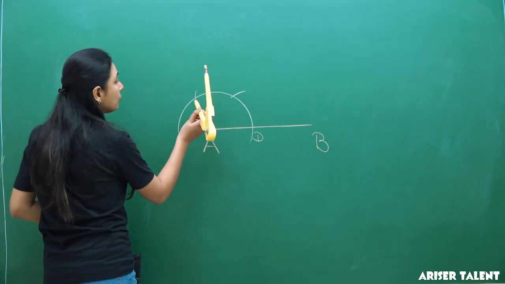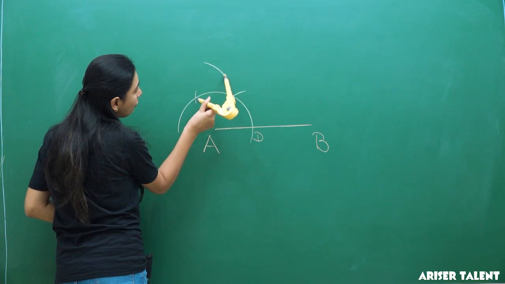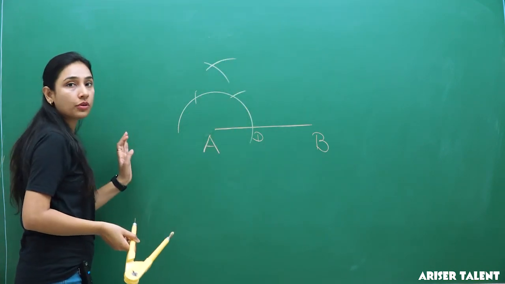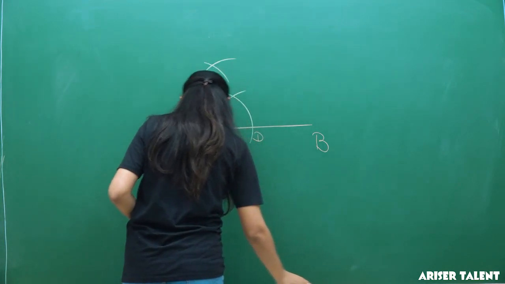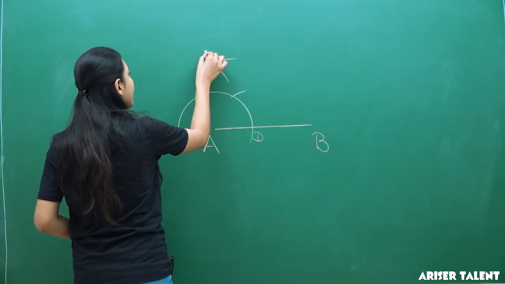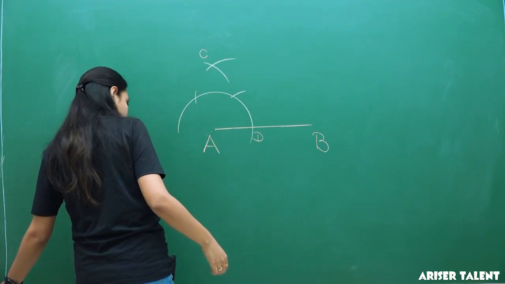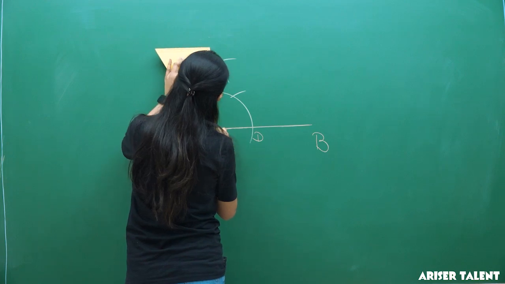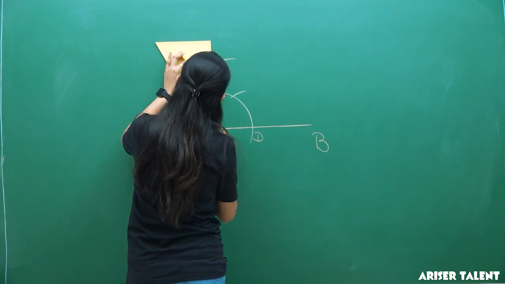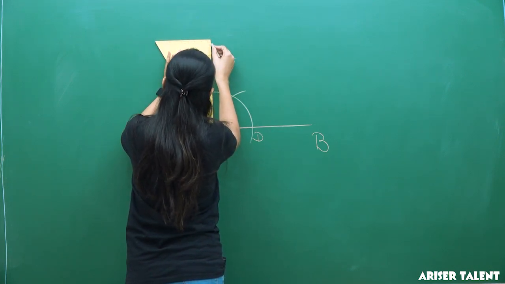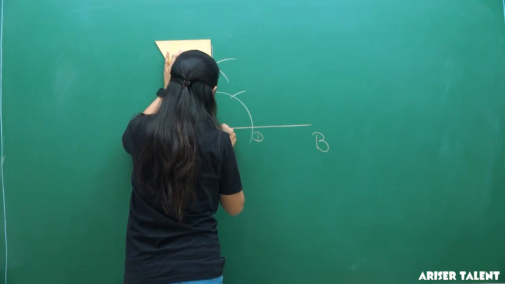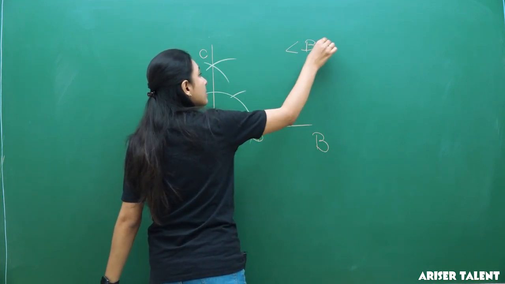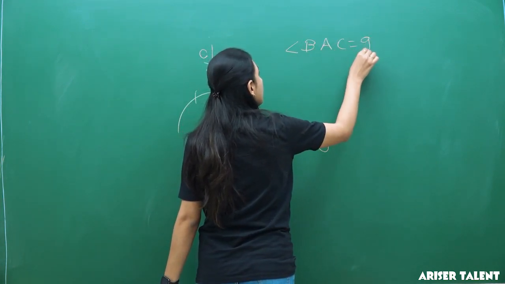So for making the half, we know the procedure. Okay, so we are going to do this procedure only. Now we'll have this point as C, and now what we are going to do, we are just going to join this A to this C. Okay, so that angle BAC is equals to 90 degree.